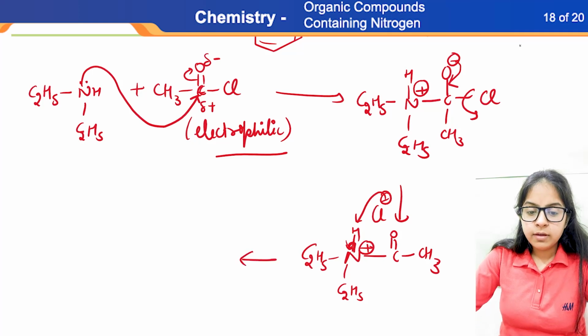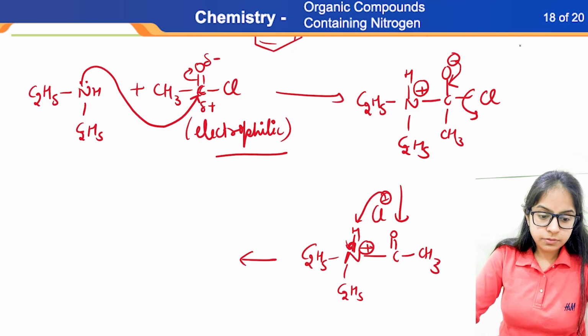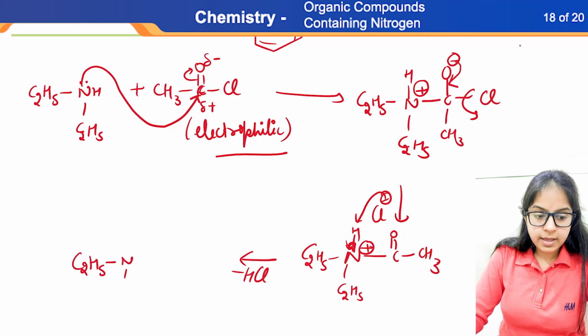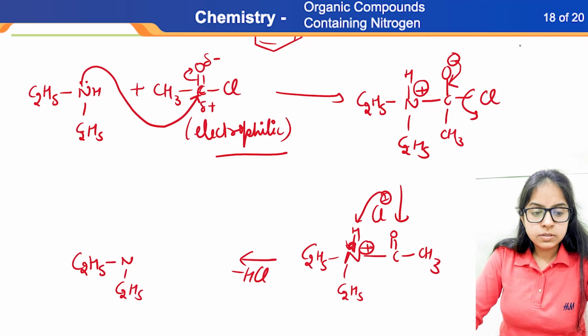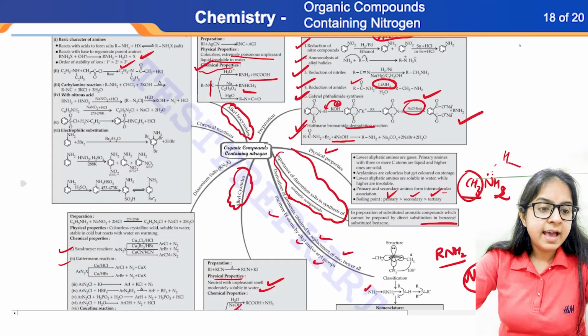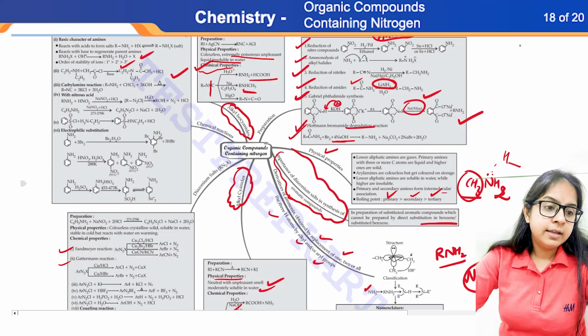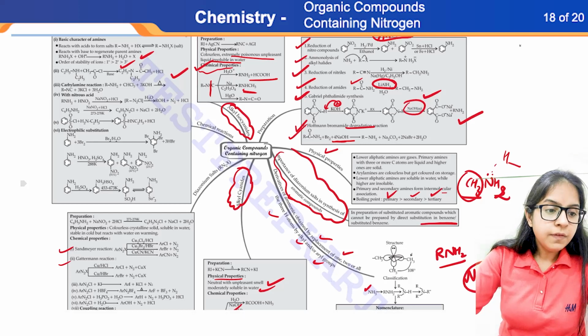The negative and positive will neutralize each other and HCl is going to be removed. We get C2H5NHCOCH3. So this is the acetylation reaction, in which the acetyl group has reacted with this one. Now the next one is the carbylamine reaction.